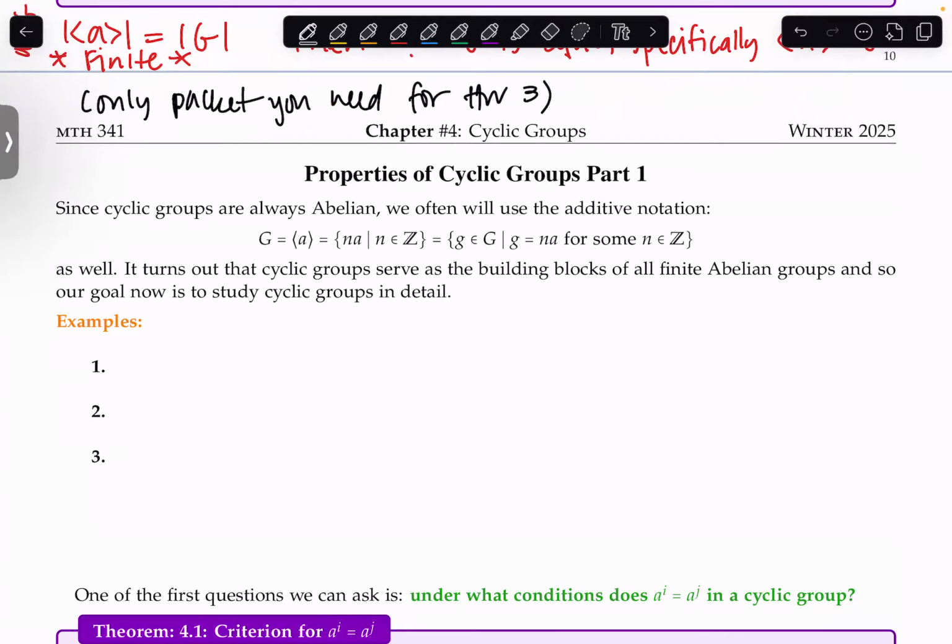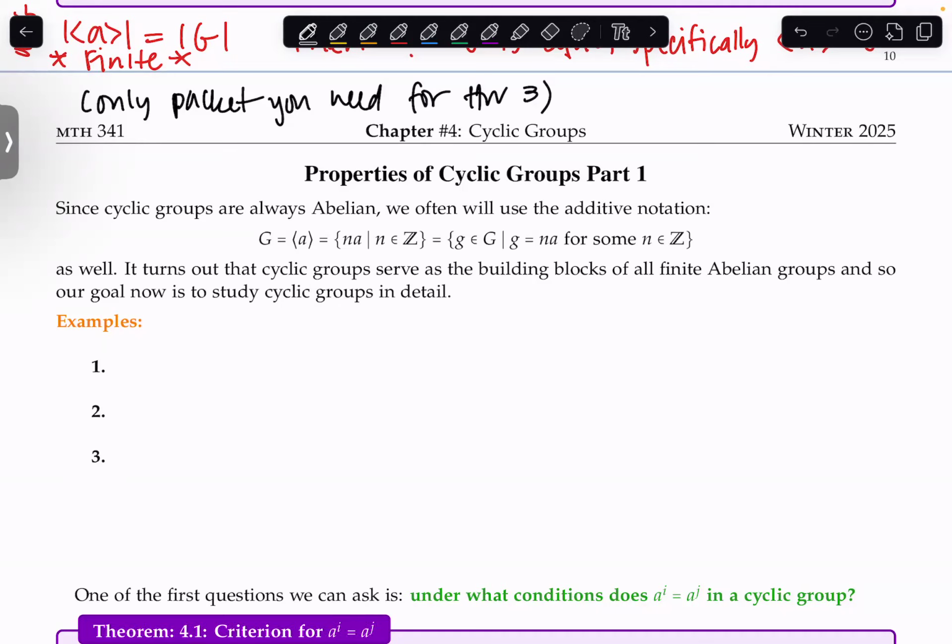Okay, and so again, our cyclic subgroups are always going to be abelian. Sometimes we'll use additive notation because when we're using addition, the way that we know it with matrices and real numbers, that's always going to be commutative. So usually when we think abelian, we think addition.